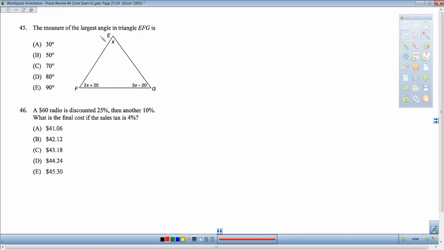Number 45, the measure of the largest angle. So I want to know what the largest angle in this triangle would be. Well, I'm not given any angle measurements, but I do know that this angle plus this angle plus this angle is going to equal 180 degrees.